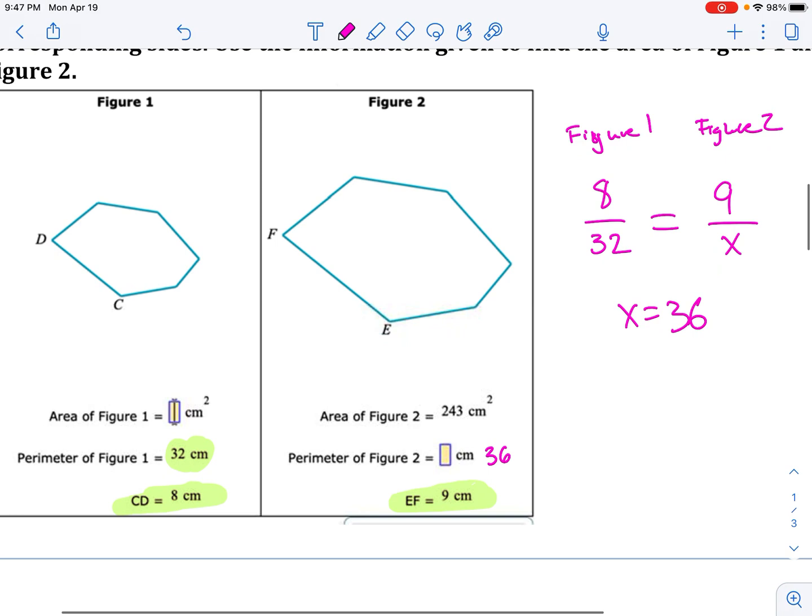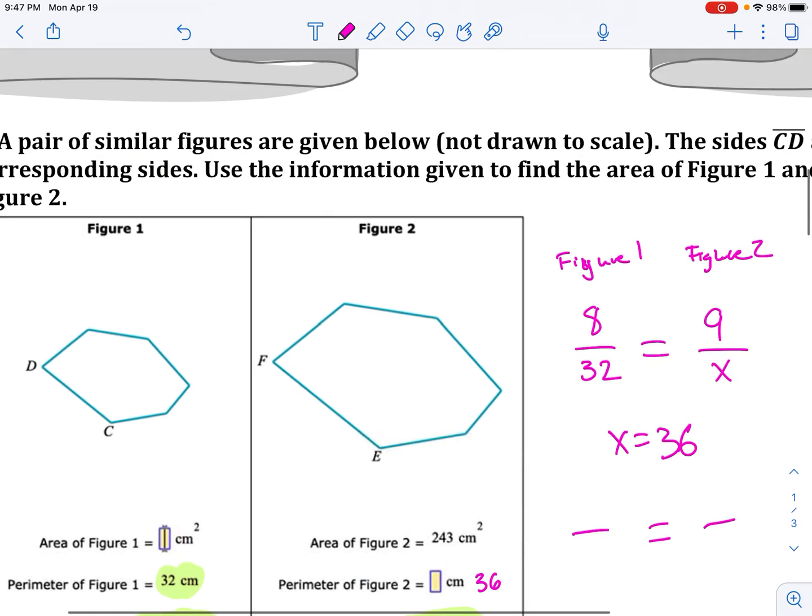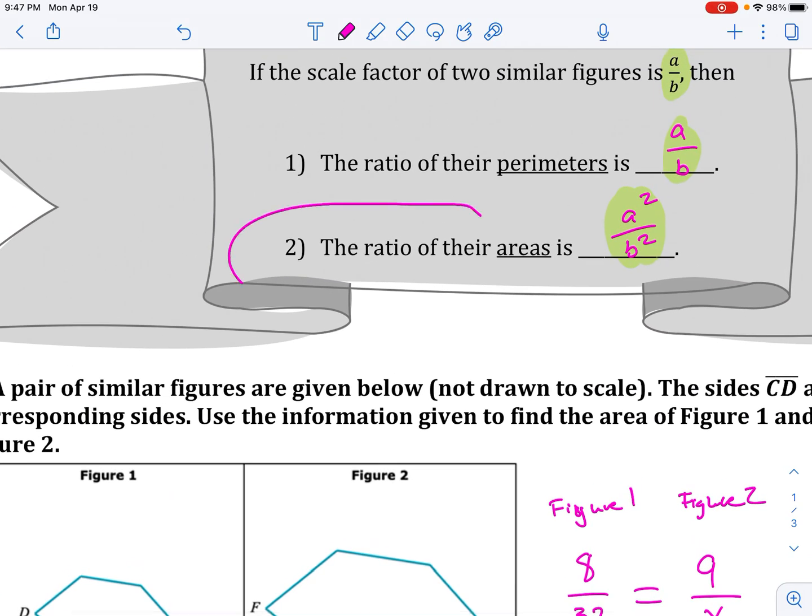Now we need to look at the area of figure 1. We're trying to find that next. To do that, I can't set it up with 8 over 9 on the tops of my fractions again, because we said if we're doing our area ratio, we need to square the scale factor.